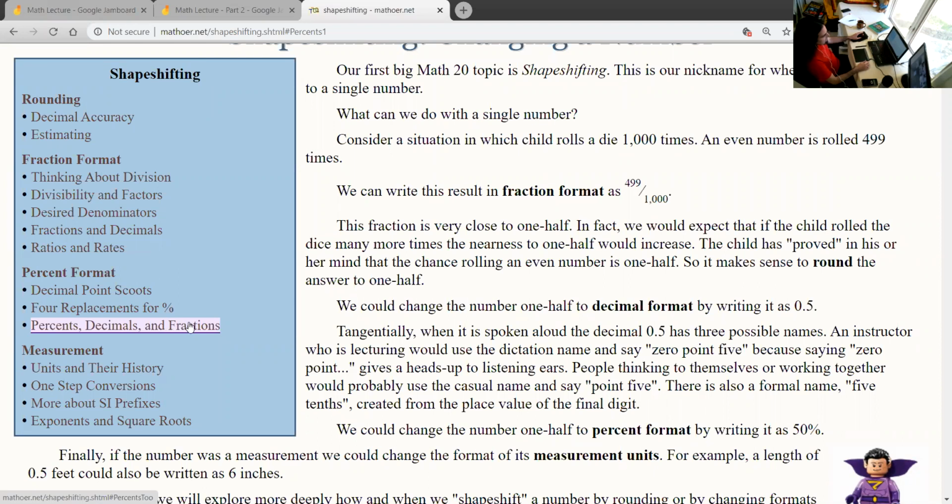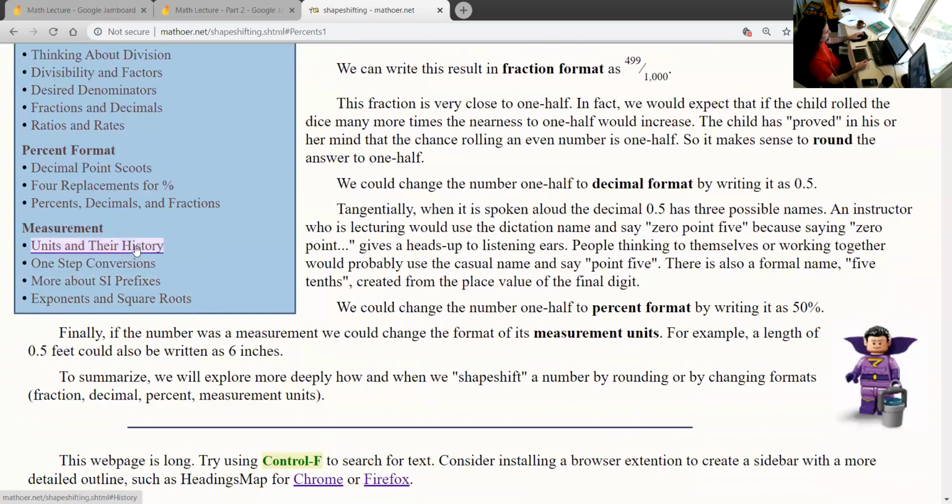And then for fractions, we either wrote it over 100 and then simplified it to make a percent into a fraction. To make a fraction into a percent, we did the divide top by bottom and then riplop that. We just did the measurement units and their history, and then we have more about measurement coming up.